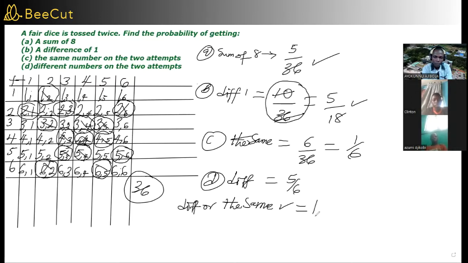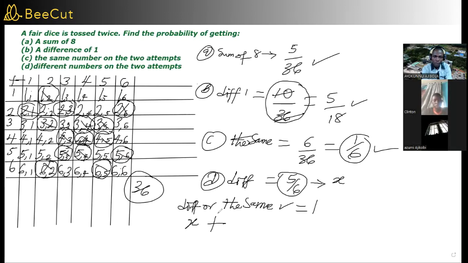Because it's certain, the result of different or the same must be 1. If I am looking for this particular answer and I don't know it, I call it X. But I already have the probability for same, which is 1 over 6. So I will say the difference that I'm looking for plus, because or in probability means plus, X plus 1 over 6 gives us 1.